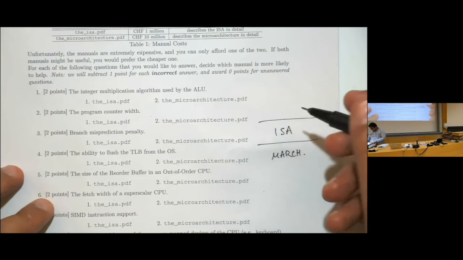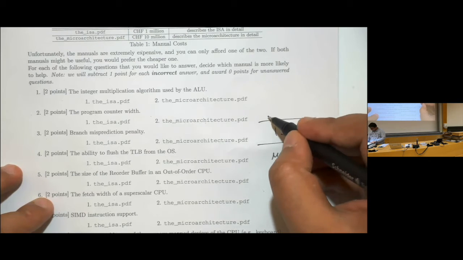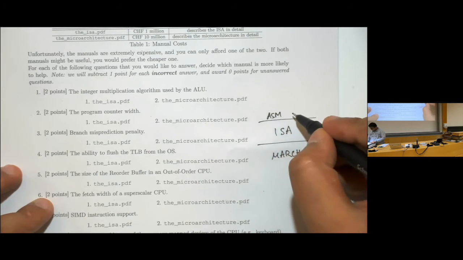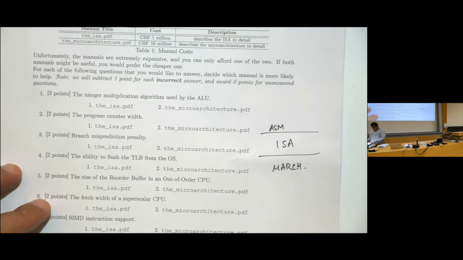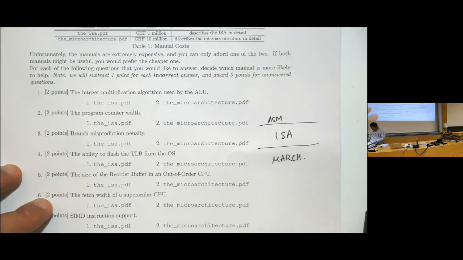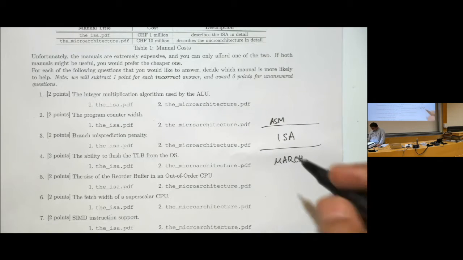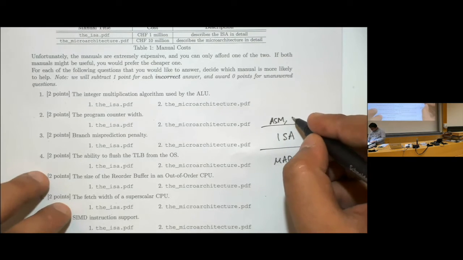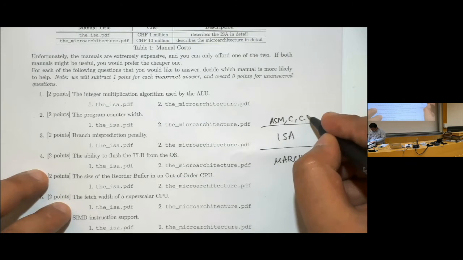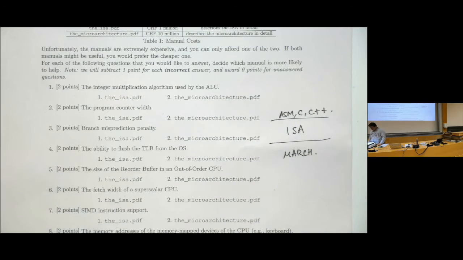So languages like assembly or higher level languages will use the instruction set architecture to basically do the program. So you have C++ and so on. So let's look at each of these questions.